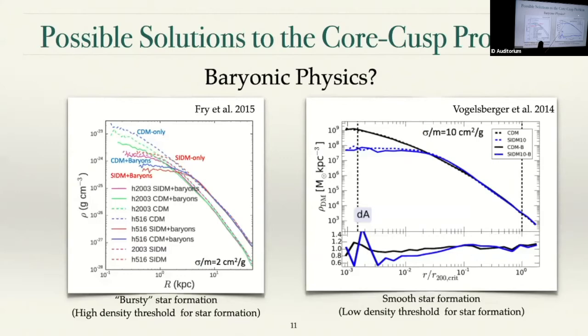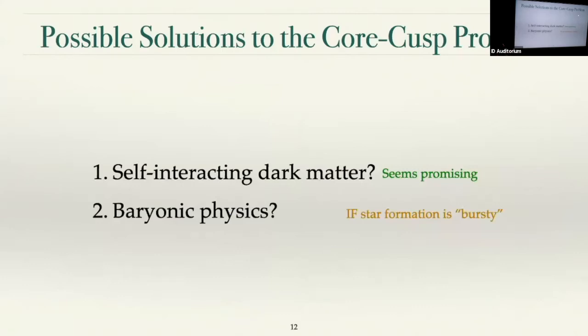So the black is CDM and the blue is SIDM, and the dotted is dark matter only, whereas the solid are with baryons, and you see no difference when you include the baryons when you have a smooth star formation or low density threshold for star formation. So if you have bursty star formation, yes, you get cores. If you have smooth star formation, no, you don't. Okay, so baryonic physics can be a solution if star formation is bursty.